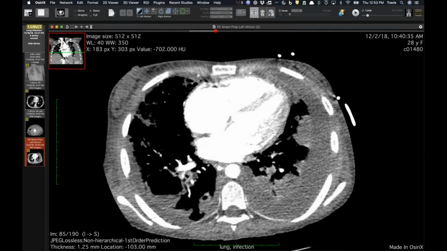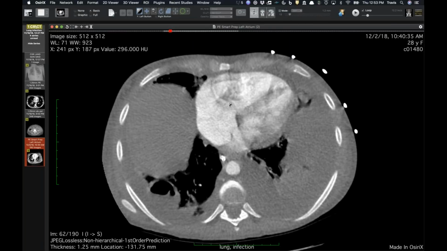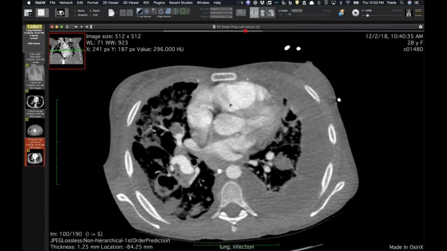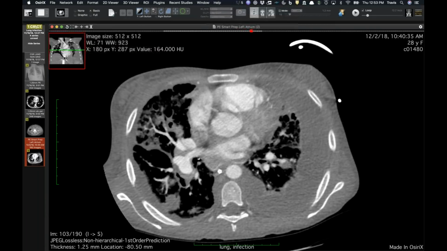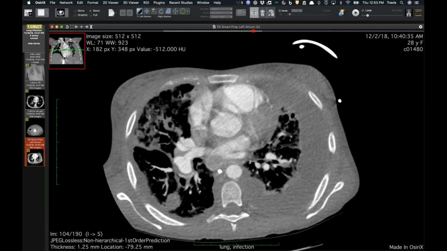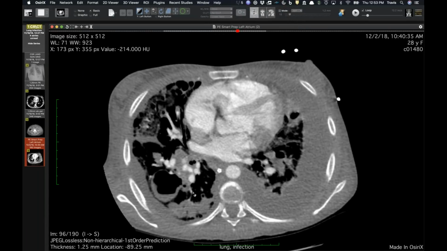And so she had a follow-up a few weeks later, and you can still see there's a large vegetation in her right atrium, and you can still see she has these areas of macroscopic emboli there, and starting to develop a little bit of a pseudoaneurysm, or mycotic pseudoaneurysm, in her right lower lobe pulmonary artery, and you can see it narrows here.